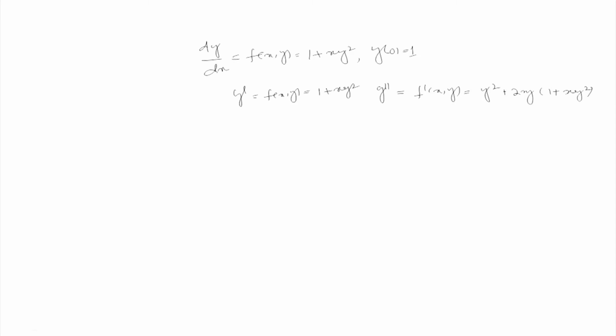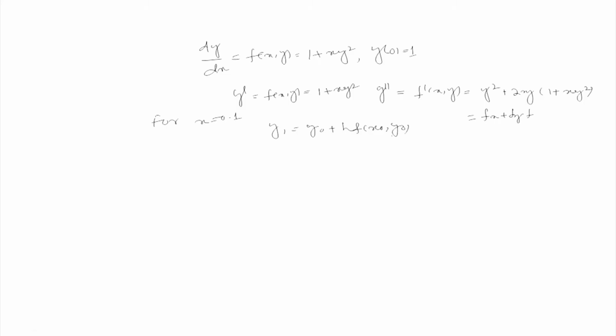Since we have already explained that f dash of xy is nothing but fx plus fy into f, that is why I have written it in this form here. So then, especially for x equals 0.1 here, we can write y1 equals y0 plus h f of x0 y0 here.